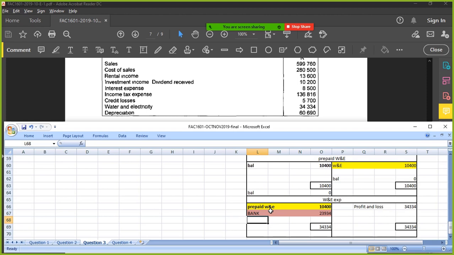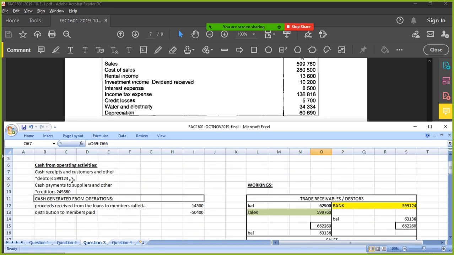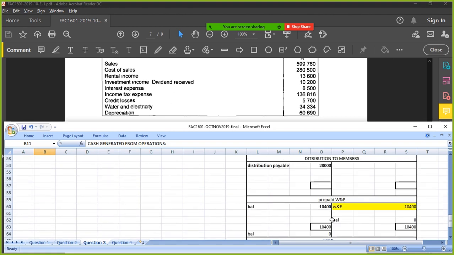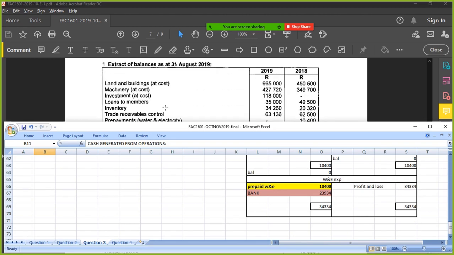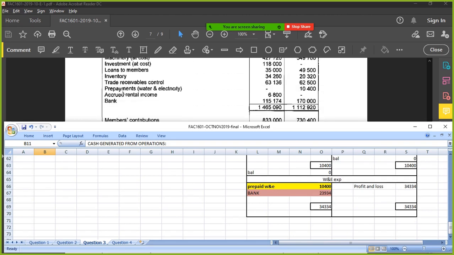So you would have paid water, electricity amounting to 23,934. Perfect. Does that make sense? Yes. Carry on going down.